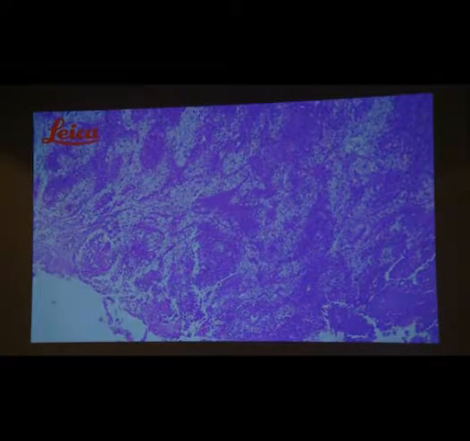Sometimes they have something that we found very unusual, which is this kind of almost echinoid-like cells. Now the cells have a clear cytoplasm. Everything is P16 positive, 100%, and everything is HPV positive.